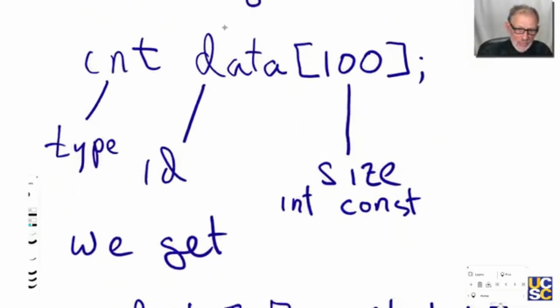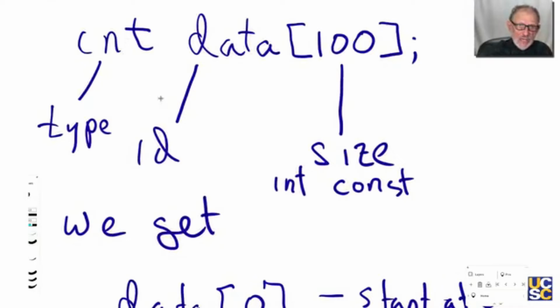Our way around this is to have the following kind of declaration. int data[100]; So as with a normal declaration, there's a type. This could be any of the standard types, like double, long, char.